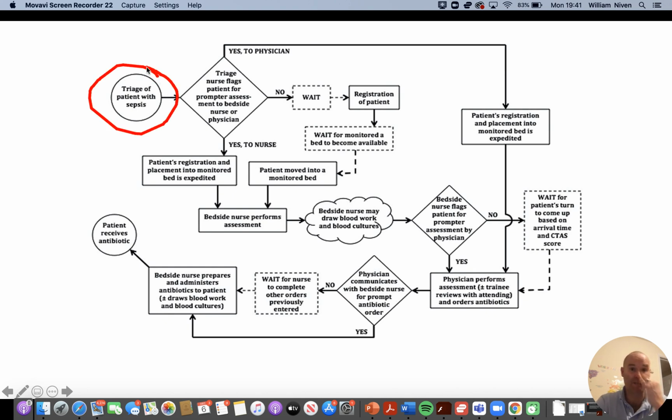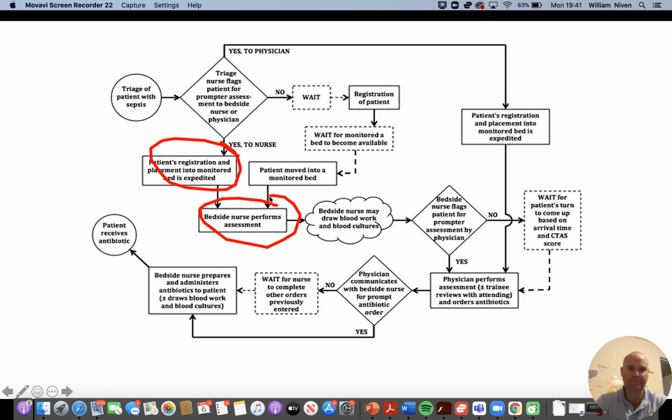In this instance, the triage nurse may or may not flag a patient to a nurse or physician. If they flag it to a physician, the patient gets registered, and the nurse performs an assessment. The nurse may or may not decide to draw some blood cultures, and then the nurse would ideally talk to a physician.